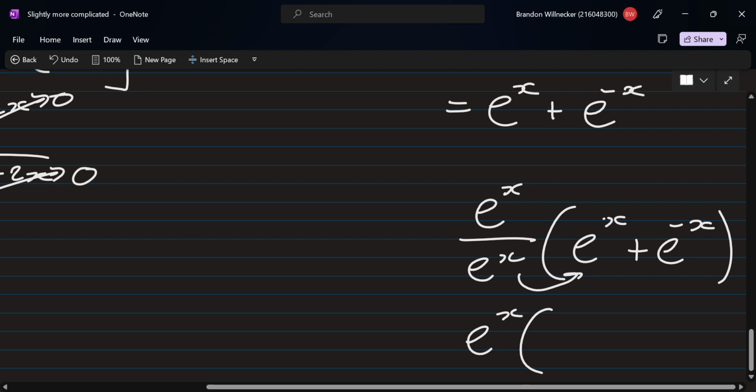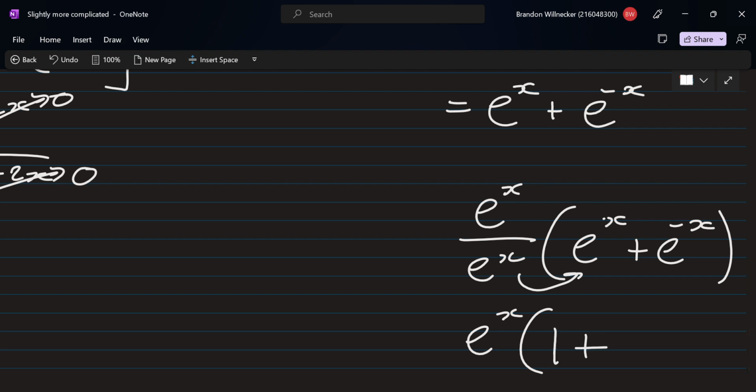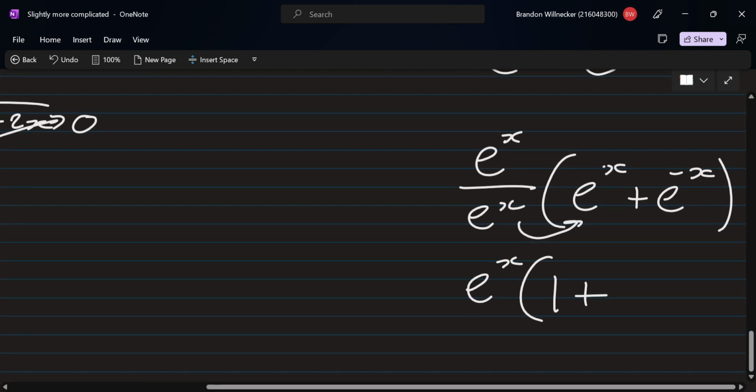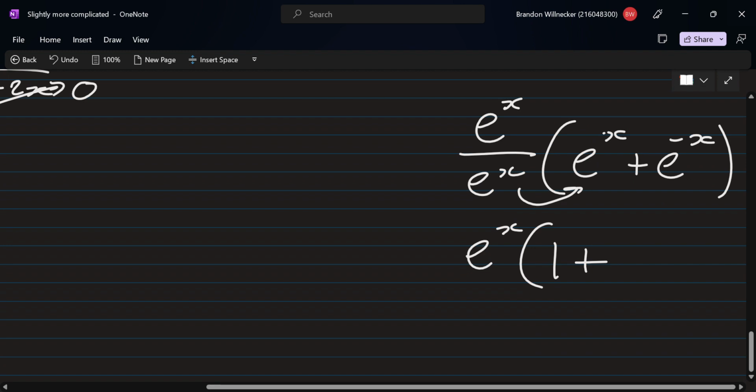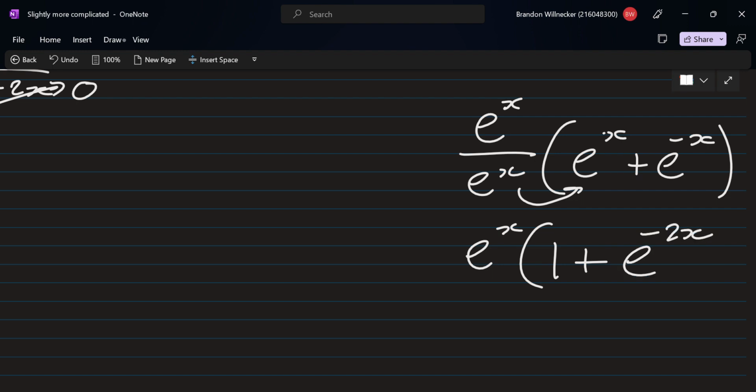E to the x over e to the x, that's just going to be 1. And then again, using our exponential rules, e to the minus x divided by e to the x, we can take the e to the x at the bottom to the top, and it will become e to the minus x. So e to the minus x minus another x, that's e to the minus 2x. Okay, so it's from that division. That's why we get the minus 2x.